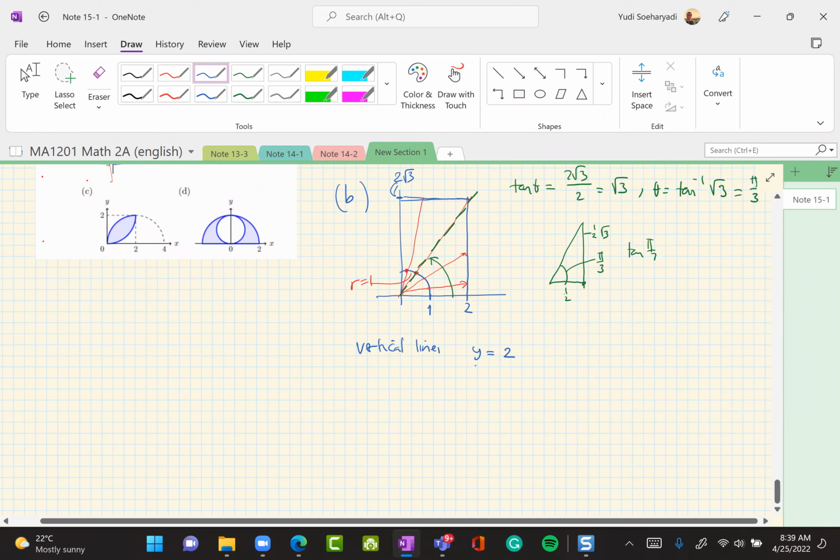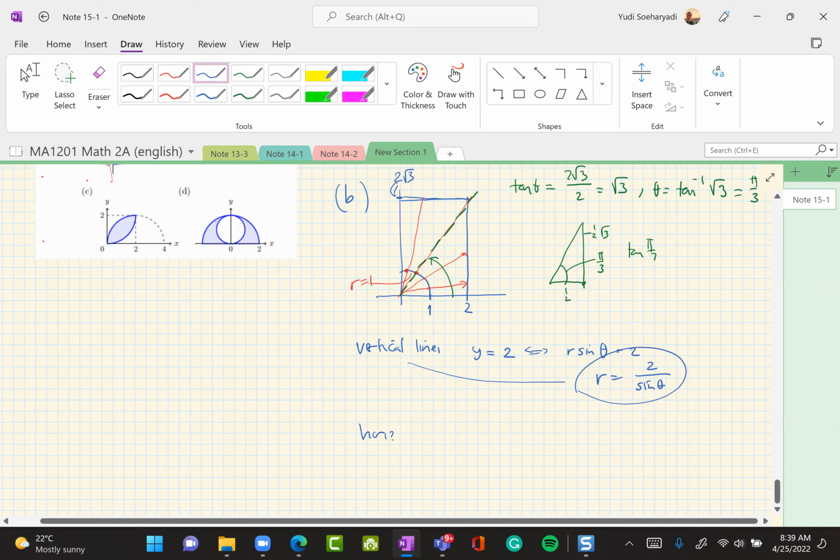But y is r sine theta. So here r is 2 over sine theta. Okay, so that's the vertical line.